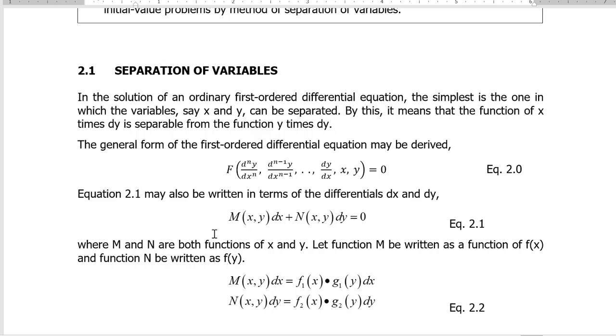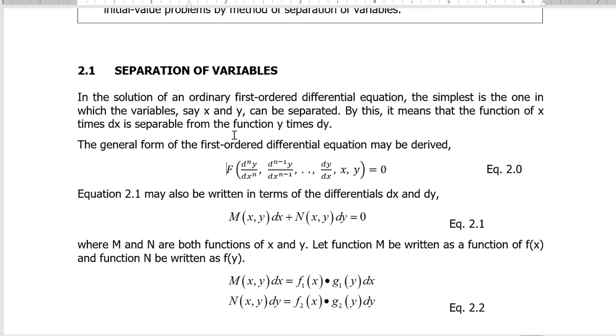The simplest case is when you can easily separate them. That is why it is called separation of variables: x goes with dx and y goes with dy. This means that the function of x times dx is separable from the function of y times dy.